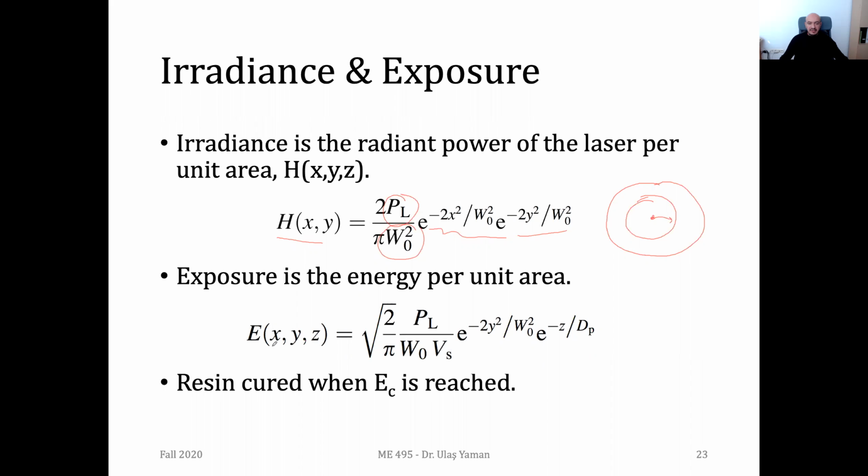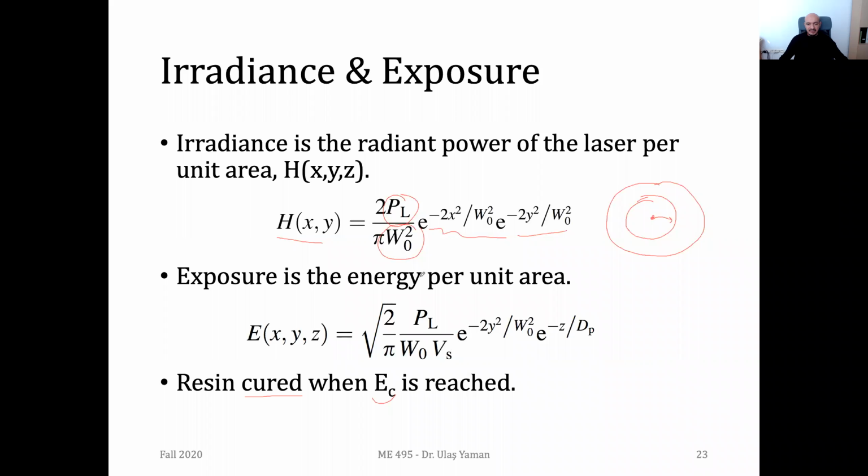And then we have the exposure. As I mentioned, this is energy applied on the resin, and this is highly important. If this exposure value reaches a critical value, then that means the resin is cured, and you may go on with the remaining part of your resin.